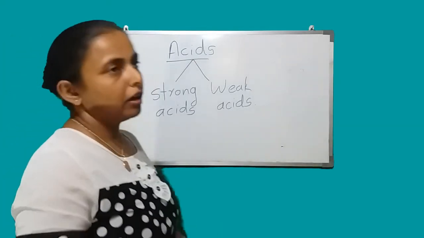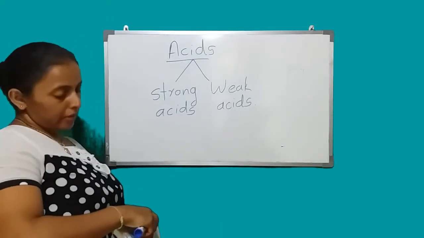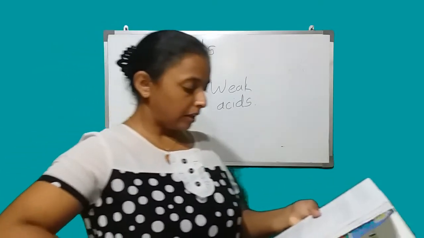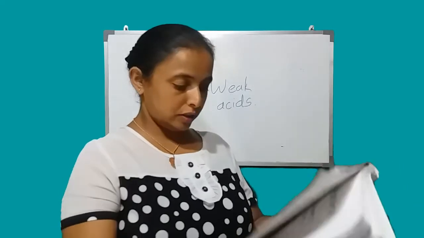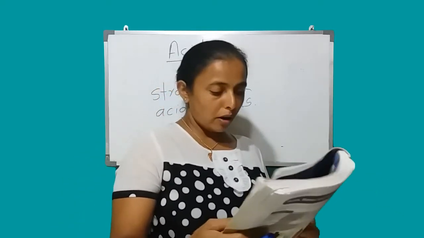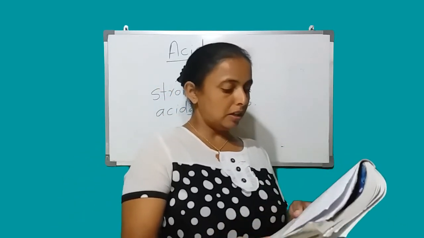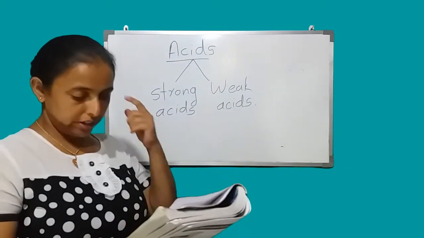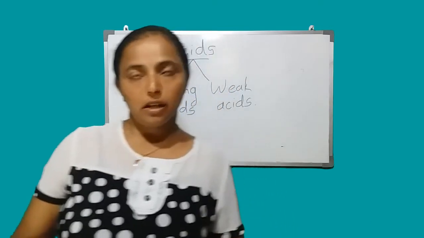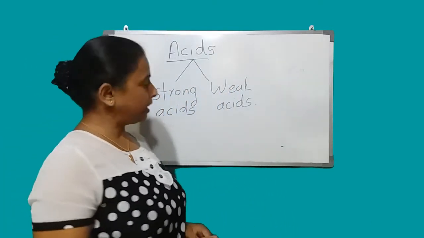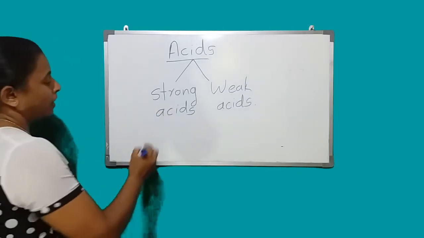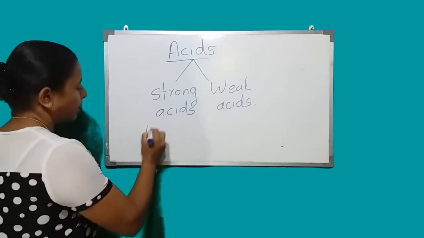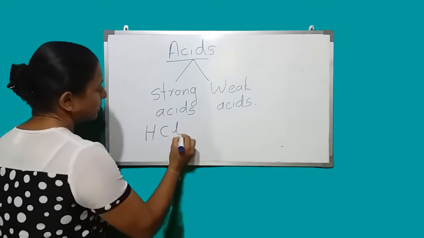Weak acid releases hydrogen ion in aqueous solution by incomplete or partial ionization. In strong acid, we take some hydrochloric acid.